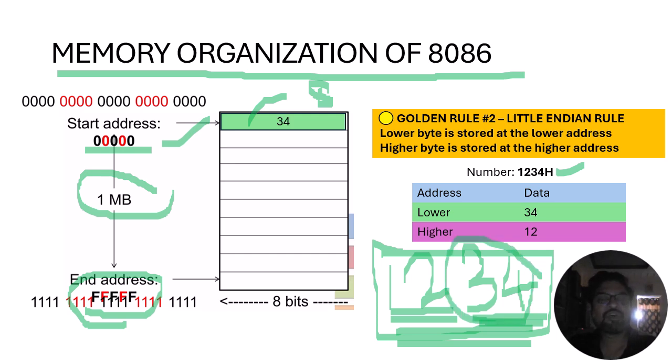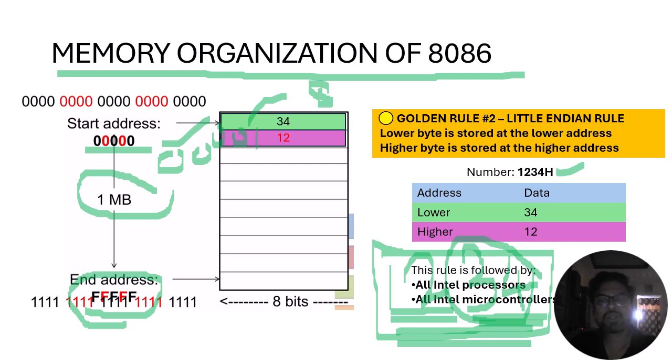This 34 will be stored in location 00000, and the 12 will be stored in the consecutive address location, 00001. Okay. This rule is followed by all Intel processors and microcontrollers.